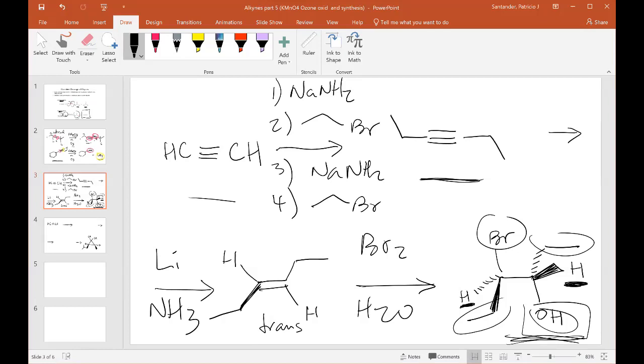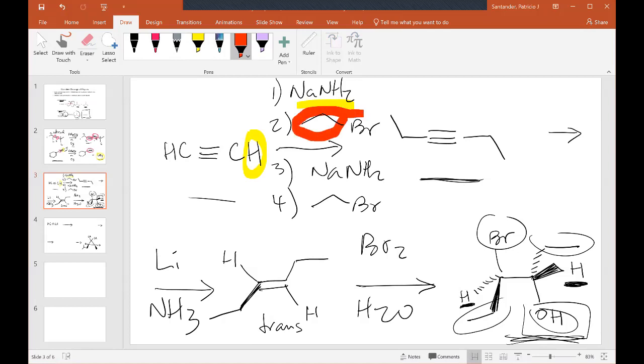So in that way we have deprotonation of the alkyne with sodium amide. Then I have alkylation of the acetylide anion that I have produced, with the ethyl bromide.